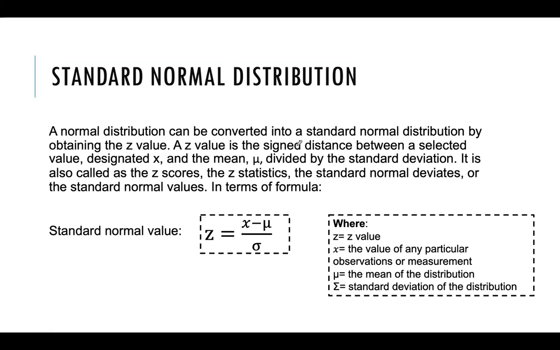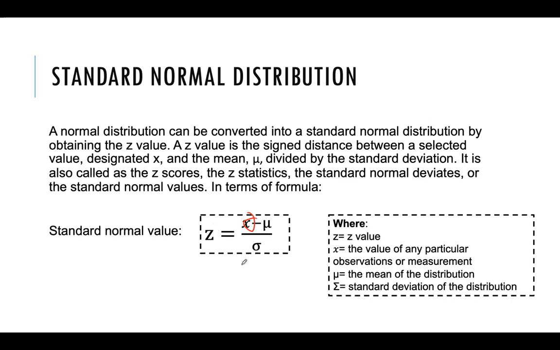A z-value is the signed distance between a selected value, the designated x, and the population mean divided by the standard deviation. So this is the formula: z equals the measurement x minus the population mean, divided by the population standard deviation.